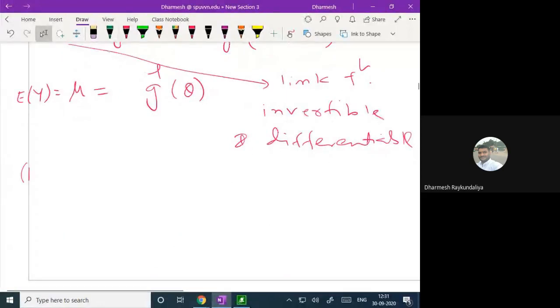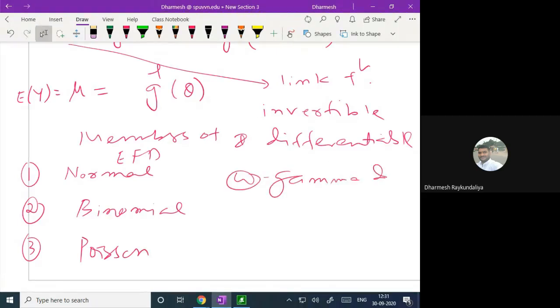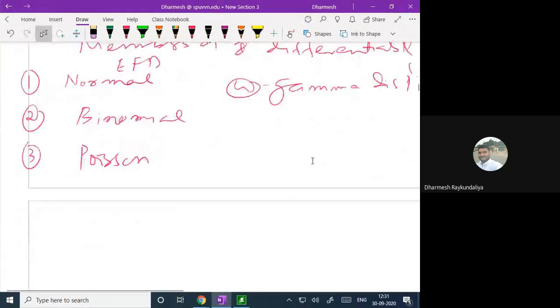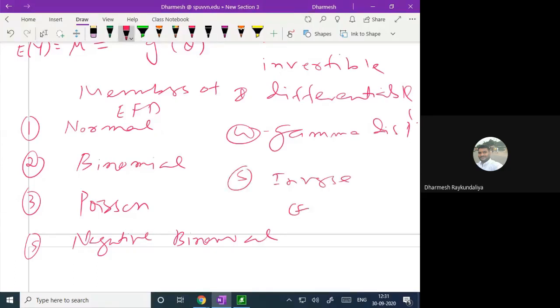So what are the members of the exponential family of distributions? First is the normal distribution, second is binomial, third is Poisson, fourth is gamma distribution, fifth negative binomial, and inverse Gaussian. So these are the members of the family.